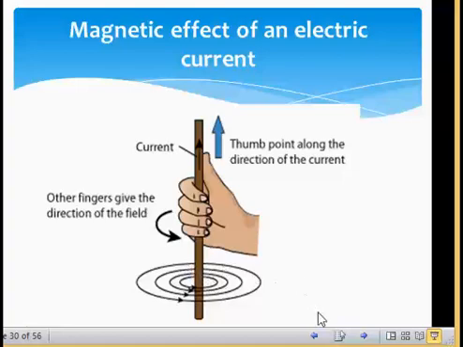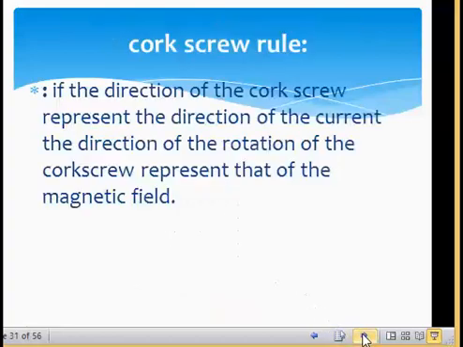Now this is one method of determining the direction of the magnetic field with respect to the direction of the current. There's another rule which helps us to determine that, the corkscrew rule, Maxwell's corkscrew rule. This one states that if the direction of the corkscrew represents the direction of the current. Now a corkscrew is just like your normal screwdriver that you drive into a nut, or into any particular body.